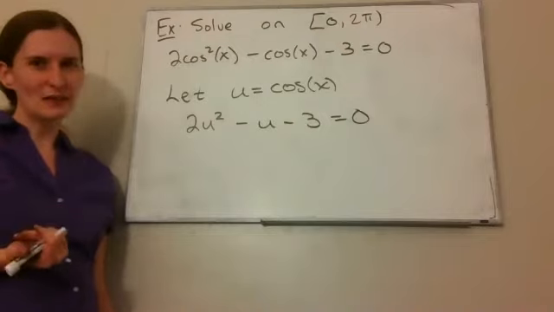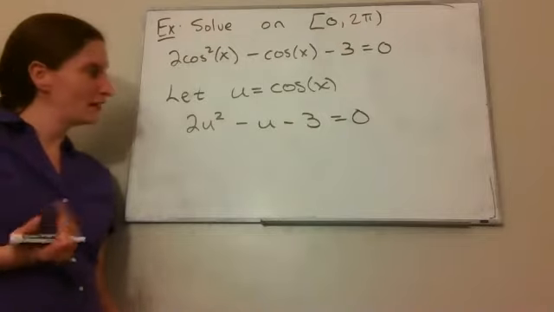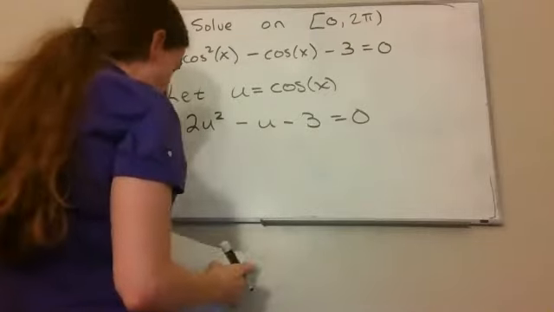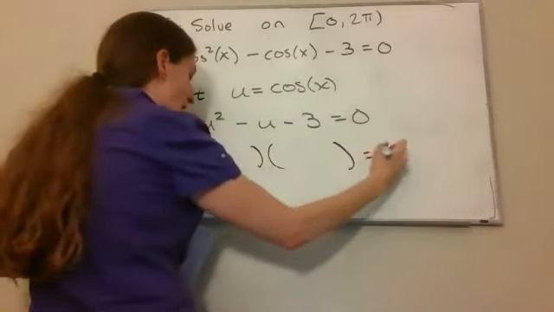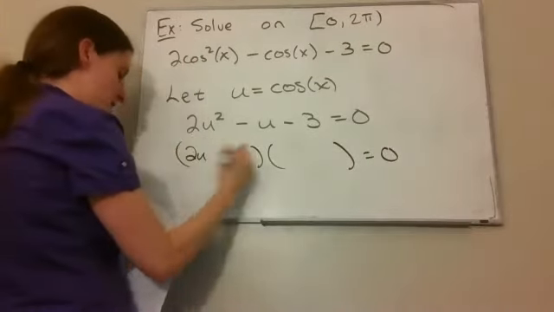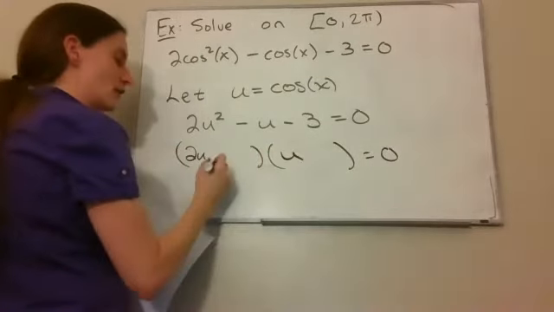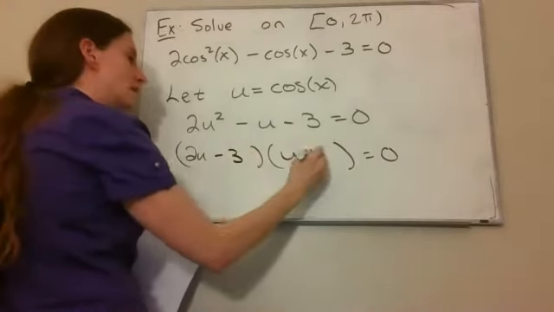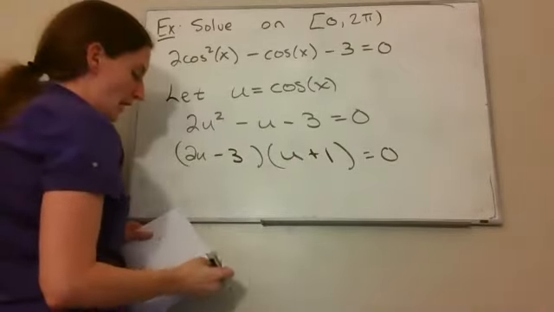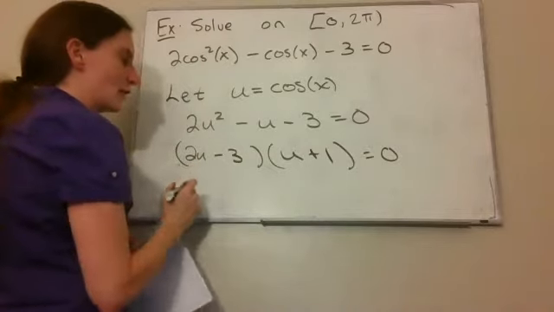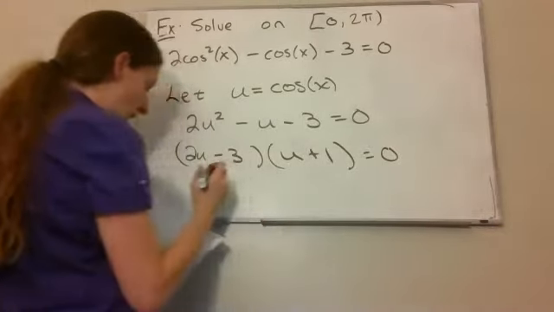It just might make it a little easier for us to factor it, because now it looks just like a normal quadratic equation that we're used to. So now I can factor. This factors as 2u minus 3 times u plus 1 equals 0. And then I know that either the 2u minus 3 is 0 or the u plus 1 is 0.